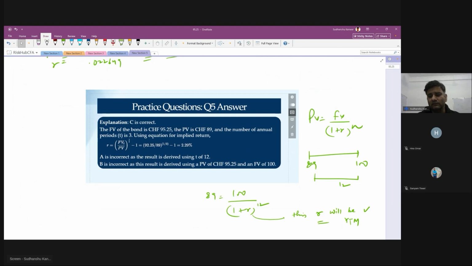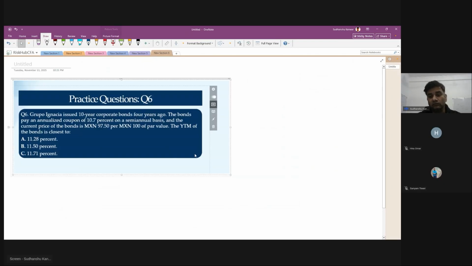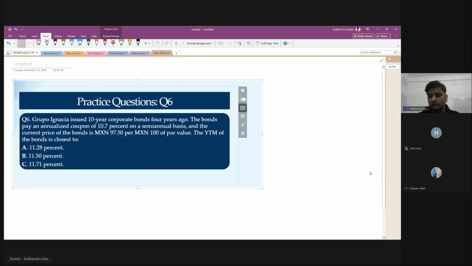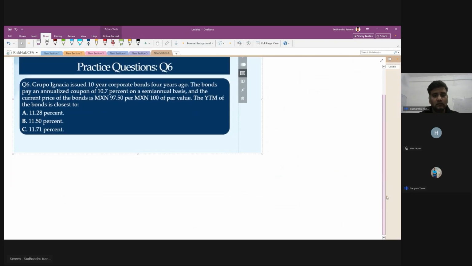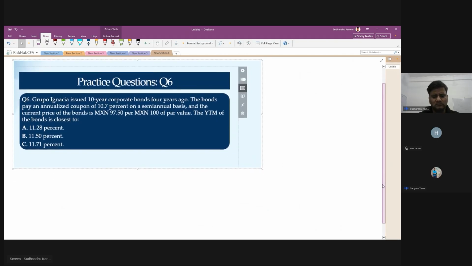CFA will never give unnecessarily confusing options. They give it very clearly. Nearest will work. Rounding off will always be there.